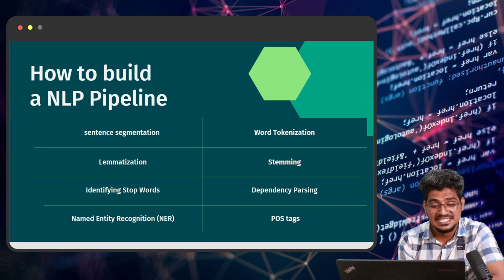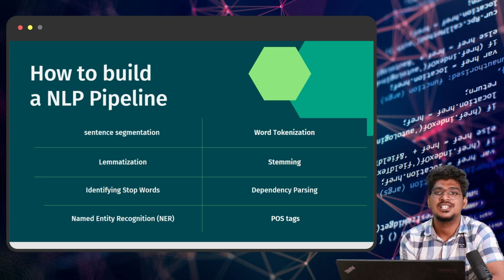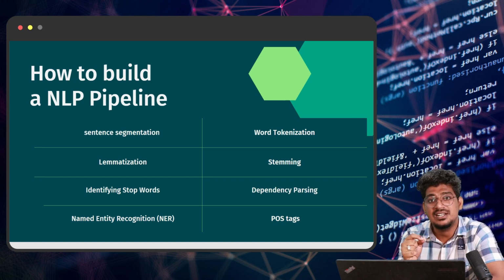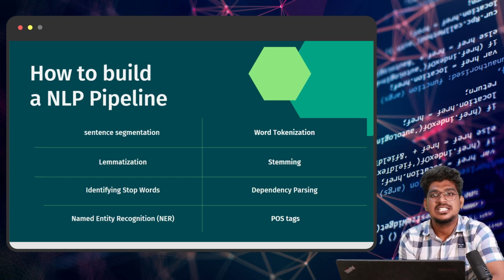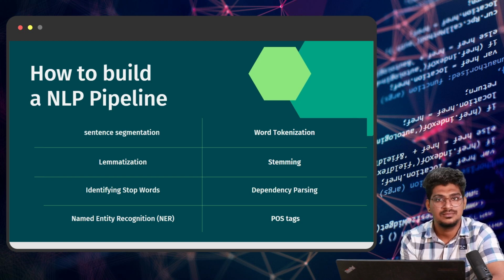And what about the next? Named entity recognition, that is NER. So we are going to detect special names: recognition of special names, location names, company names. For example, Steve Jobs invented the iPhone, right?